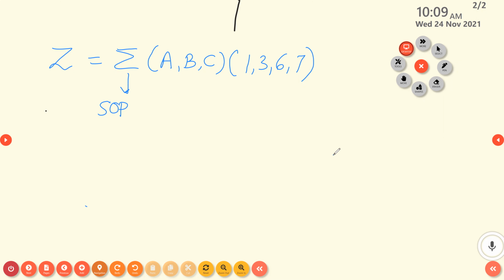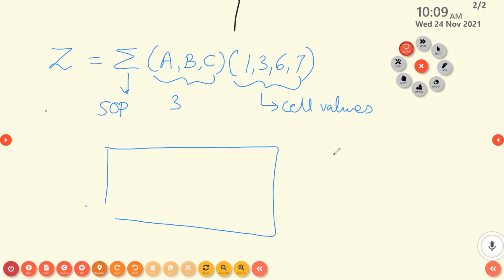How many variables? 3 variables. And these are nothing but the cell values. We know the cell values for each box. Yes or no? Now how many variables? 3 variables. How many cells do we have to draw? 8.